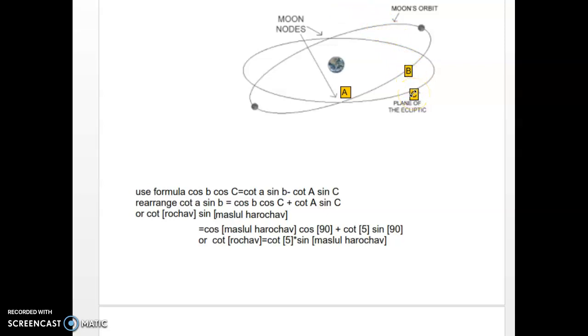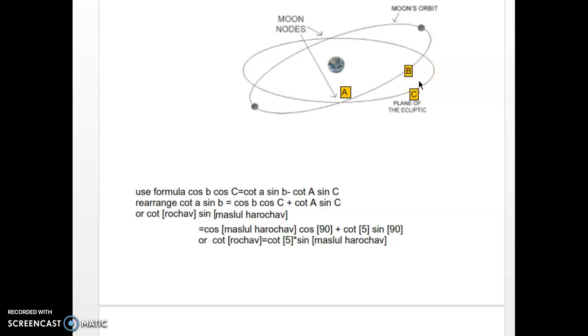If you don't understand that, you should use a ball. The rule is that anything that goes from the pole to the plane hits it at a 90-degree angle. So basically this BC is an extension of a line drawn from the pole of the ecliptic. It passes through the moon's orbit and hits the plane of the ecliptic, and the place where it hits it at C is a 90-degree angle. So C is 90 degrees.